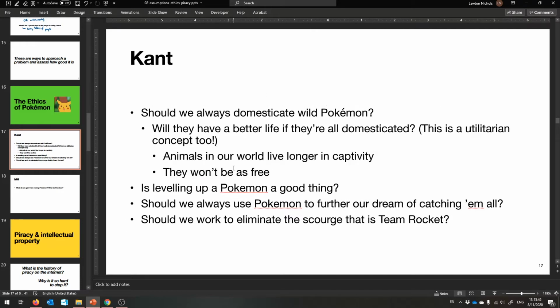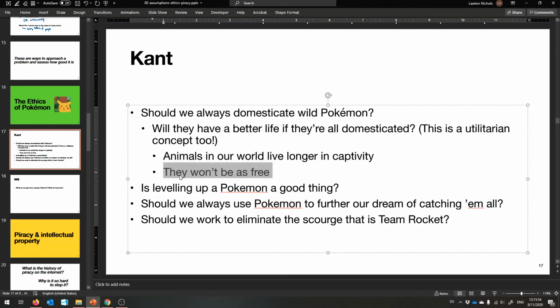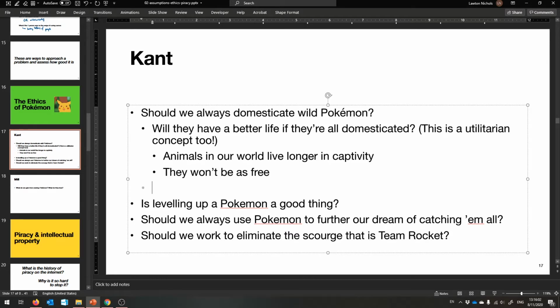Okay? And maybe you believe something over another thing, and then it's your job to construct an argument that supports this one and tries to argue against that one. Okay? And another thing in the Pokemon world is leveling up Pokemon. So oftentimes a trainer, somebody who owns a Pokemon, can get them to a higher level than they would be at on their own.